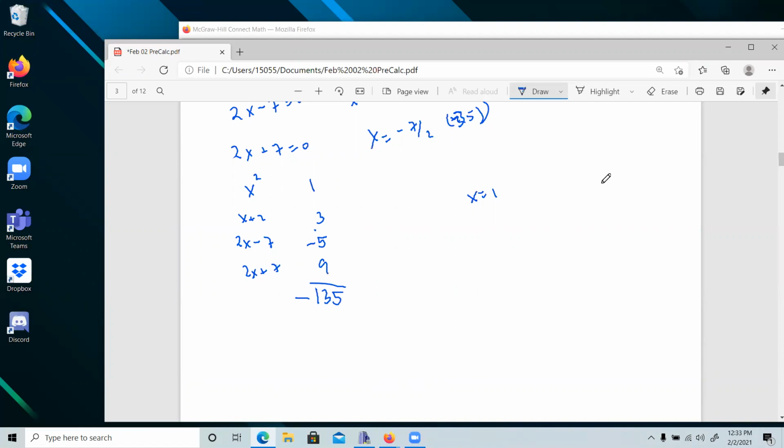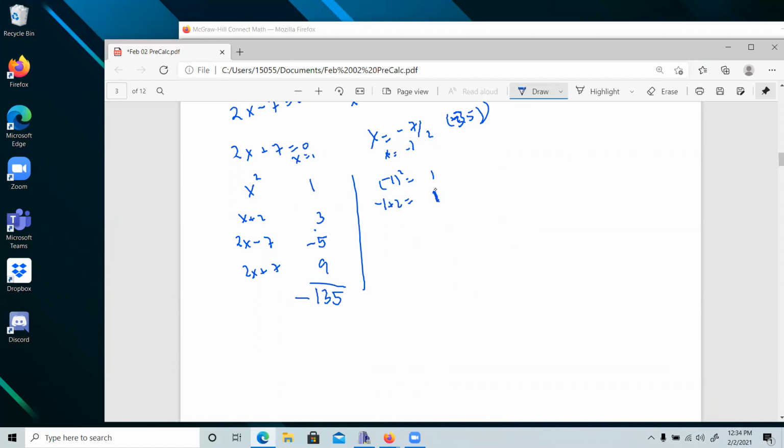Let's go ahead and put this here. x equals 1. How about when x equals -1? Well, put in -1, we get -1 squared, which is 1. -1 plus 2, which is 1.